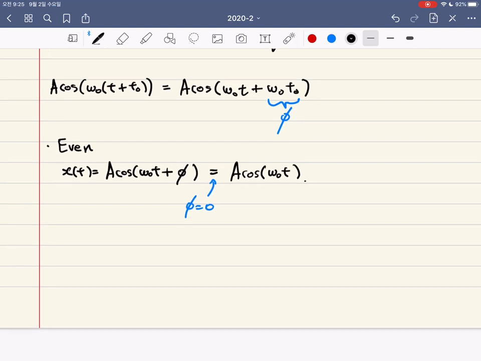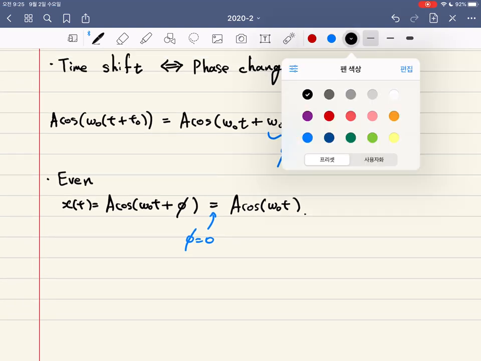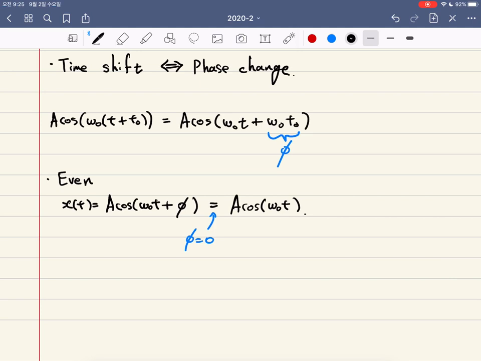The definition of an even function is as follows: x(t) equals x(minus t). So if you put minus t in the position of t, the time argument, then even though you switch the sign of all the t's that you have, if the result is the same, then you can call that an even function.